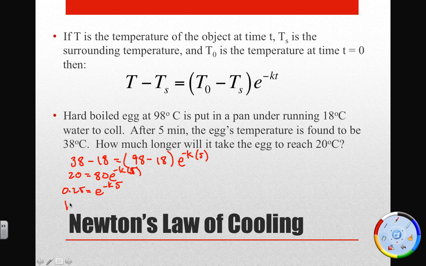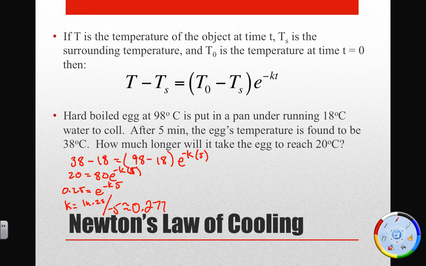I get k is equal to the natural log of 0.25 divided by negative 5, which is approximately, I did this one already, negative 0. No, sorry, not negative. It's 0.277. If you have that on your calculator, keep it because we're going to use it.